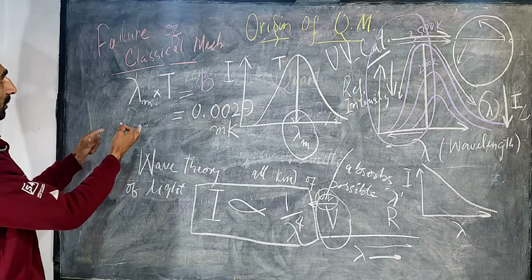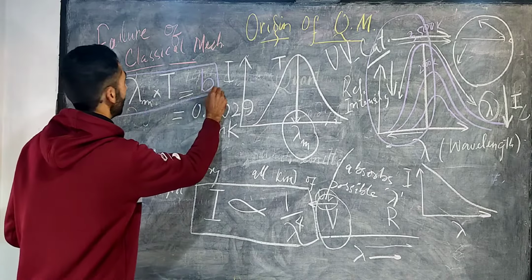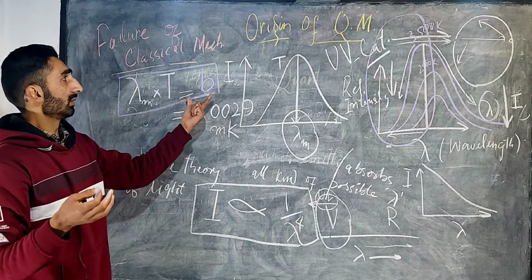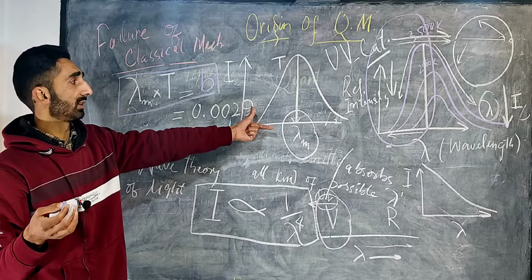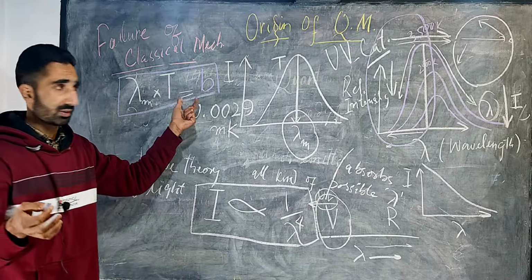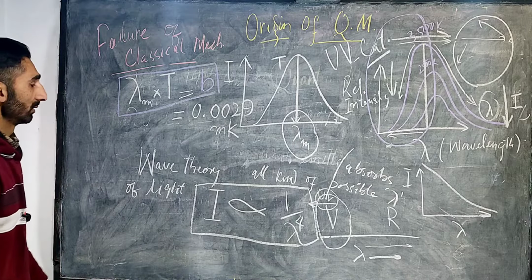So Wien discovered a relation: lambda max multiplied by temperature. For a specific temperature, we get a specific constant value, which is called the Wien constant, and that value is equal to this.